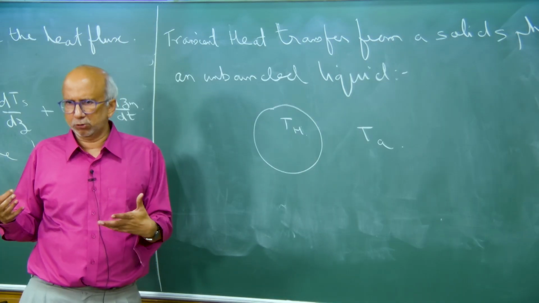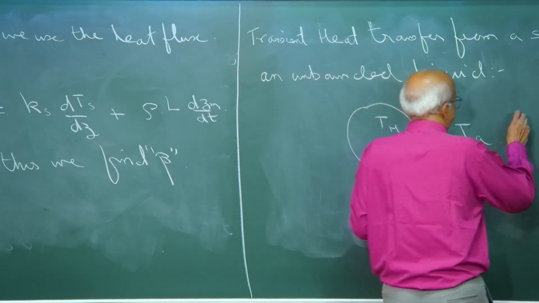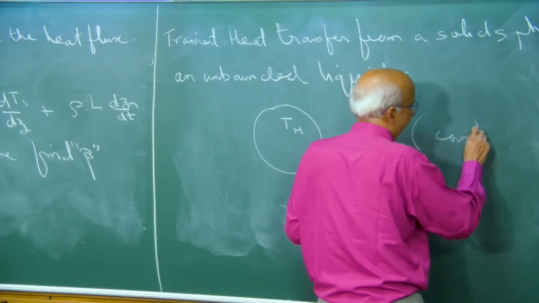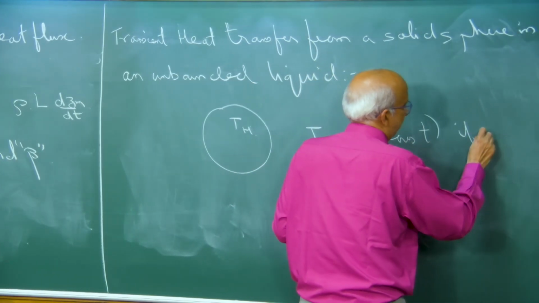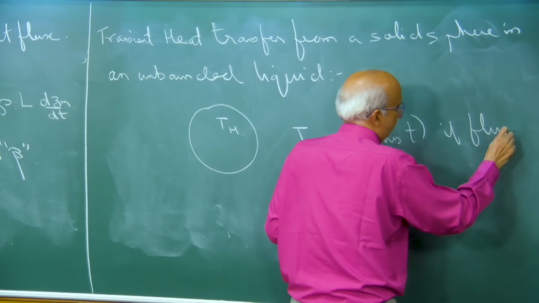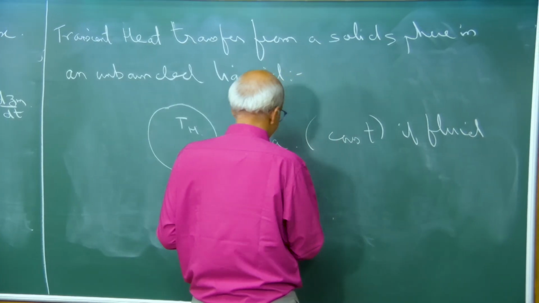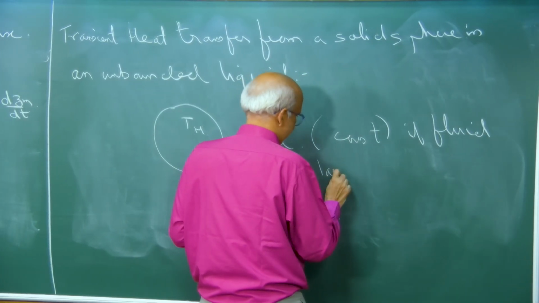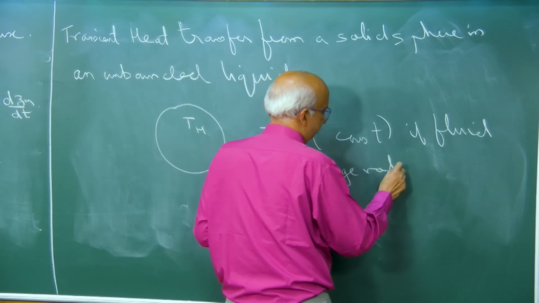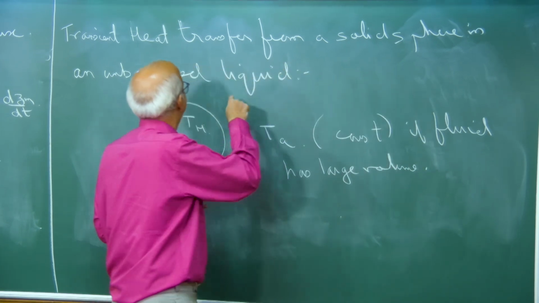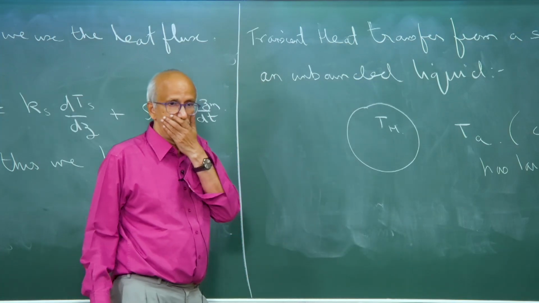I am assuming Ta is constant, okay. This is constant if the fluid has large volume. That is the reason I said unbounded liquid, okay.